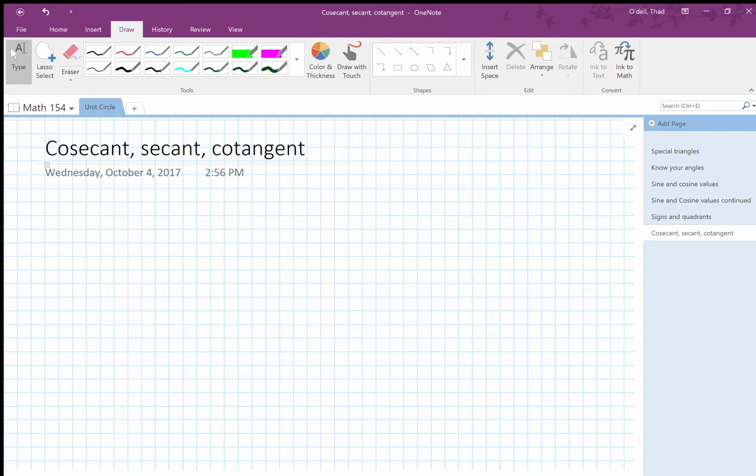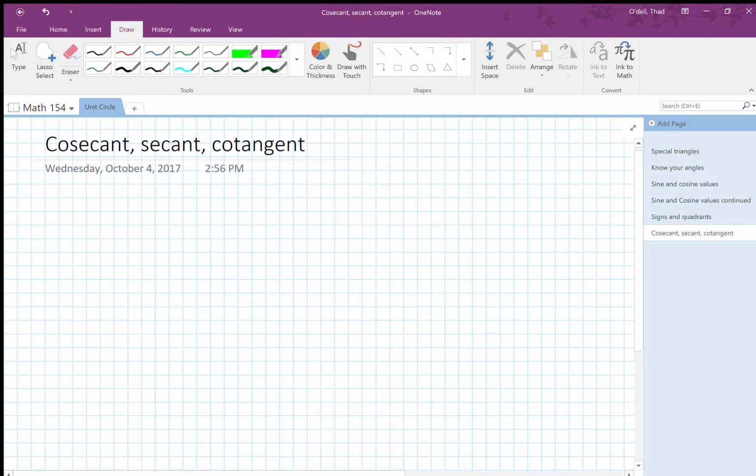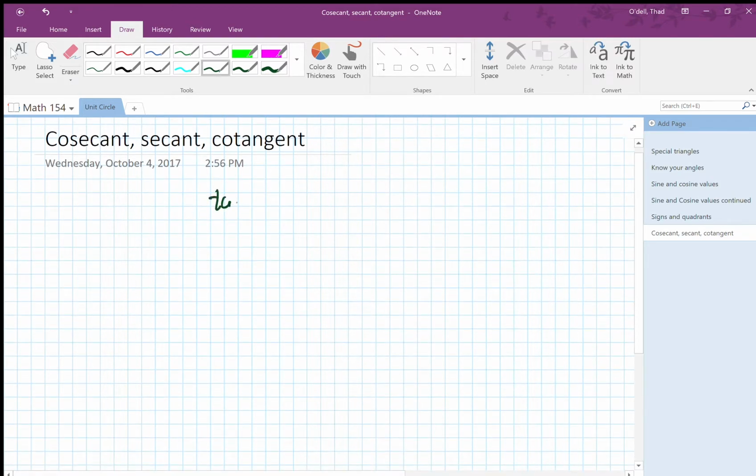In this video we're going to discuss the relationship between cosecant, secant, and cotangent with sine and cosine. So you already know that tangent of theta is equal to opposite over adjacent, which also tells us that it's equal to sine over cosine.